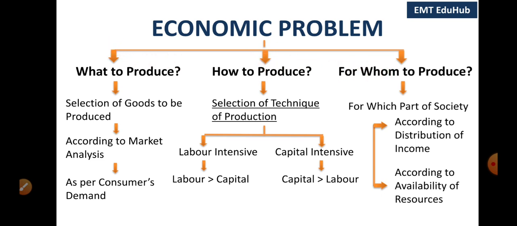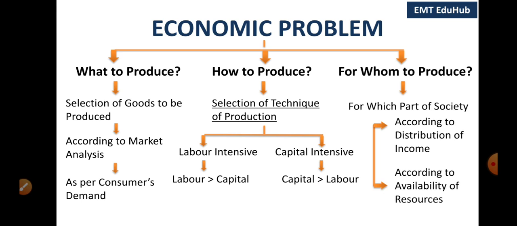First, what to produce. Every society has to decide which goods are to be produced and in what quantities, whether more guns should be produced or more butter should be produced, or whether more capital goods like machines, equipment, dams, etc. will be produced, or more consumer goods such as bread will be produced.